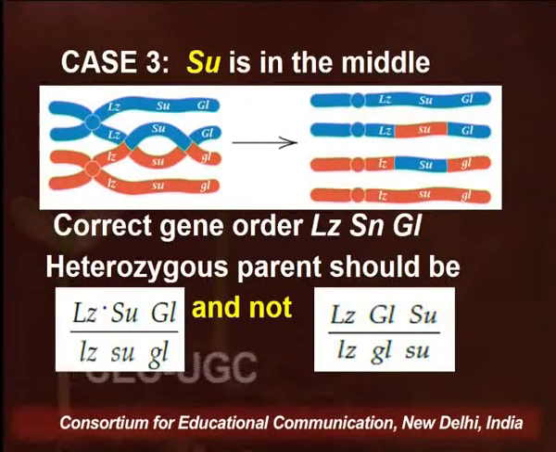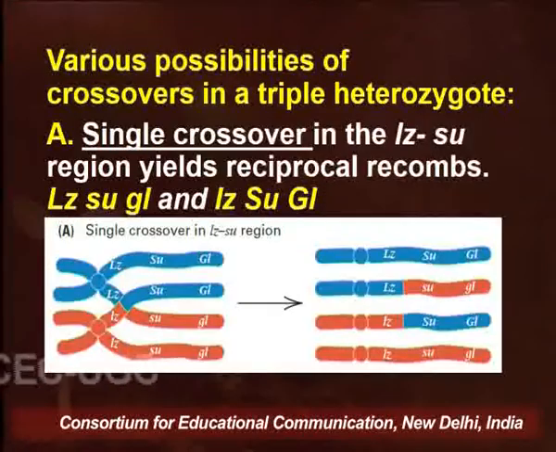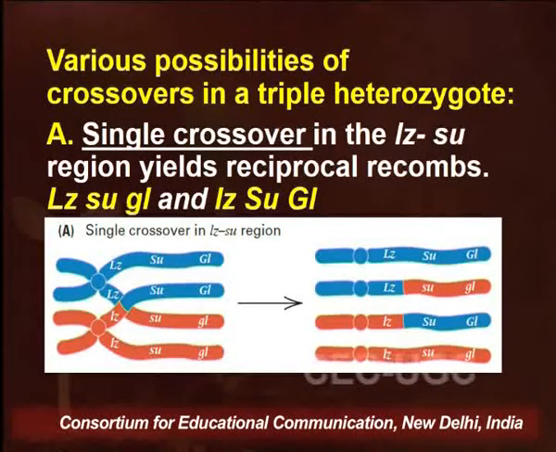So, we could find this out only on the basis of ascertaining the different situations as to which gene is in the middle. Now, there could be so many other possibilities that we have to take into account in a triple heterozygote.